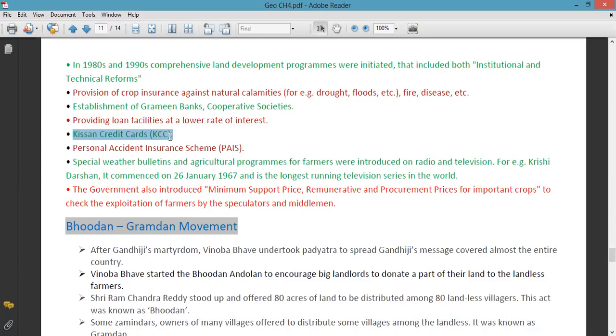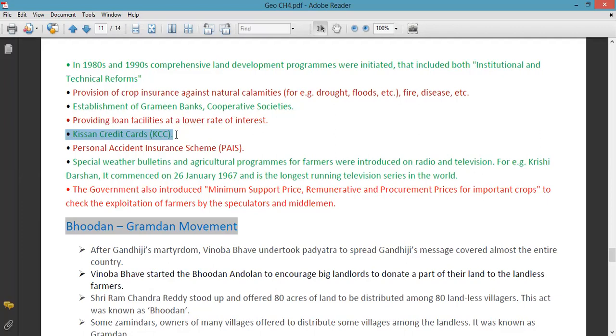Next, the Kisan credit card. Our common bank customers own a variety of plastic money, for example debit cards and credit cards. Similarly, farmers are nowadays given a Kisan credit card. Kisan means farmer in Hindi. Most of you know Hindi.